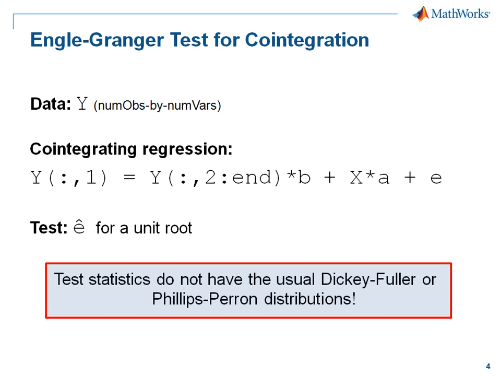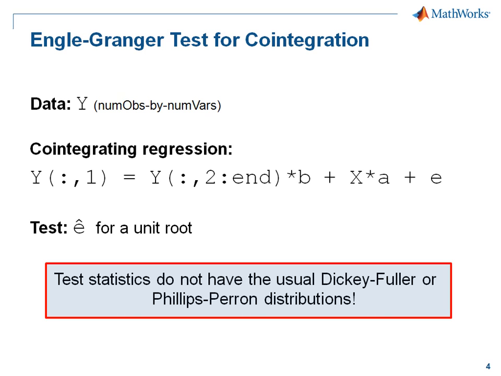I've certainly seen people who say they're doing an Engle-Granger test where they take the residual series from a regression, put it into a Dickey-Fuller test, and take the results of the Dickey-Fuller test and use that to evaluate whether or not cointegration is present. That's a mistake. You have to use new distributions for the test statistics that account for the fact that the series that you're testing is estimated.